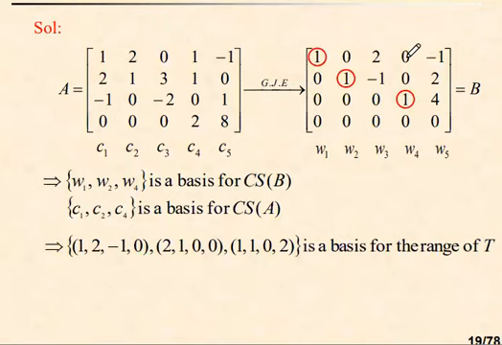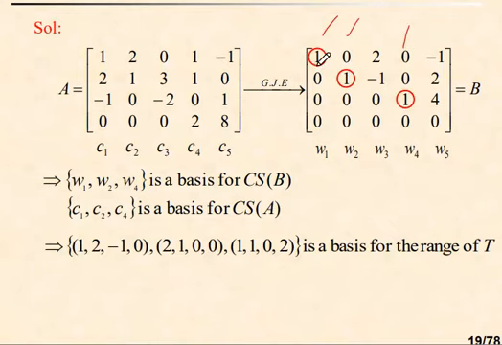Let's look at the other one. All right. Here 0, 0, 1, 0. This cannot be written in terms of these two. Therefore these three columns are linearly independent, because this one cannot be written in terms of these two.